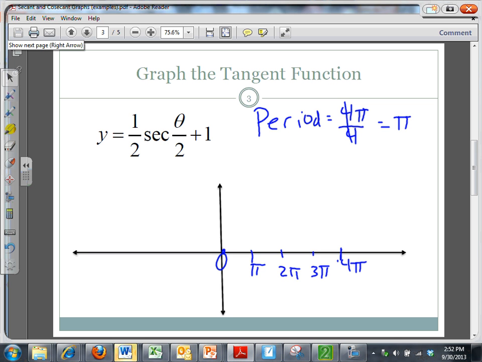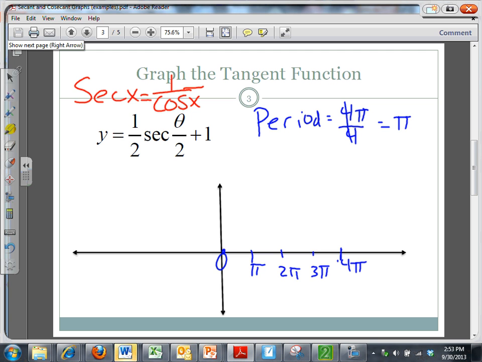The next thing you need to make sure you do correctly is place your asymptotes. Now remember that your secant of x is equal to 1 over cosine of x.